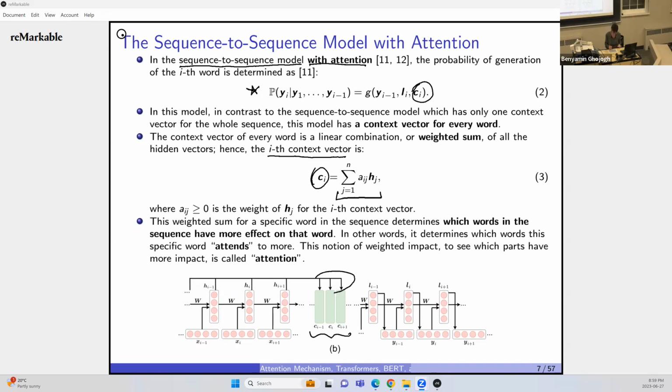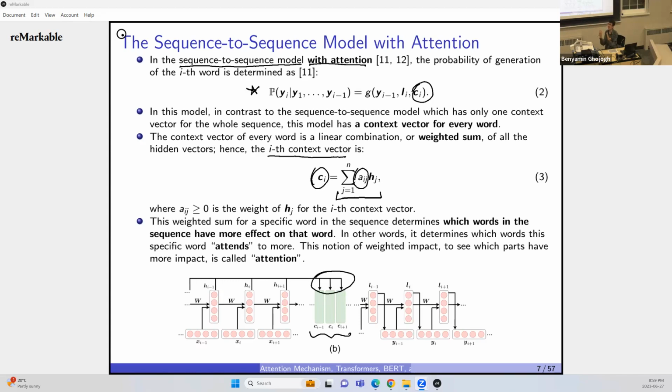Do you see this? A linear combination of all of the hidden states. Rather than having one context vector, which is equal to the last hidden state of the encoder, we have n context vectors, each of which is a linear combination of all of the hidden states in the encoder. And I think it's obvious why it is called attention, because it's a linear combination with some weights, Aij.